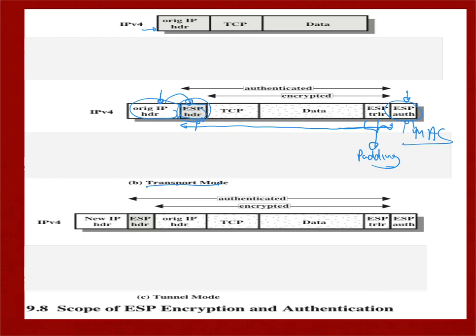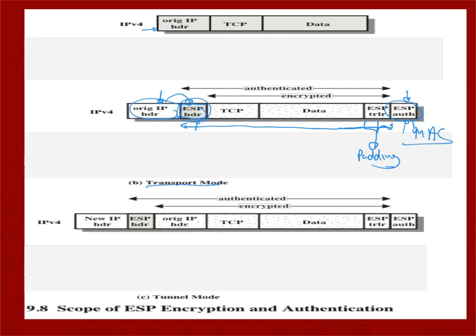We said that if the packet has a fixed size, this will make it easier for cryptanalysis, right? So it's very important to vary the size of the packet so that the cryptanalysis can be more complicated. So the ESP trailer, as we will see later, is nothing but some padding, and this padding is variable.